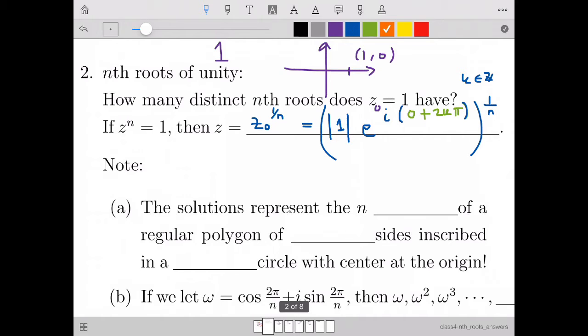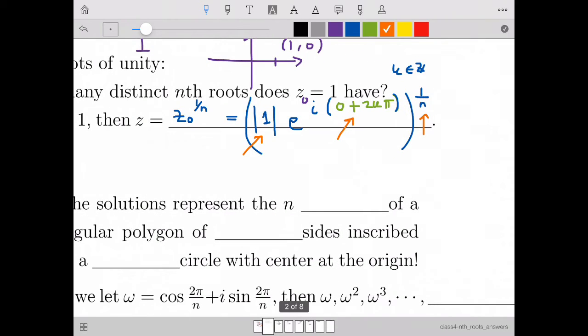So what we do is we take the nth root of 1, and then we divide the argument by n. So when we do that, we get e to the i 2k pi over n, where k is in Z.